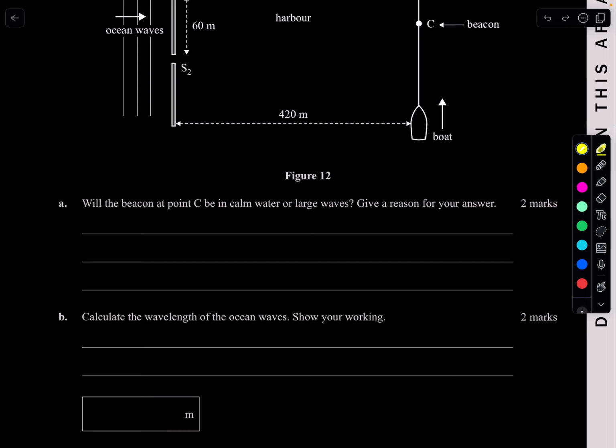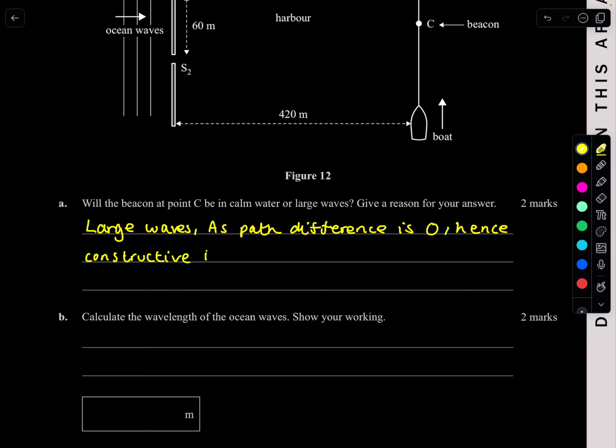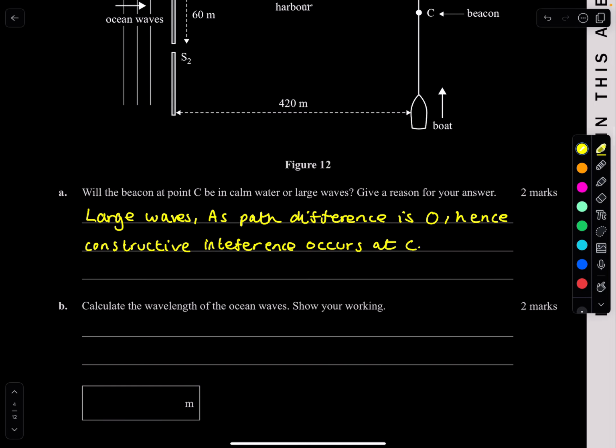So all you have to say is: large waves as path difference is 0, hence constructive interference occurs at C. Beautiful.